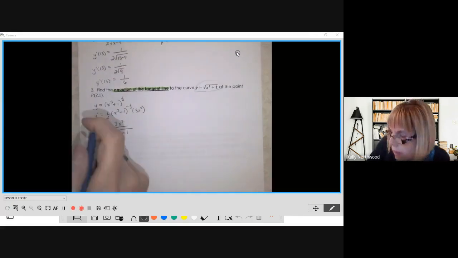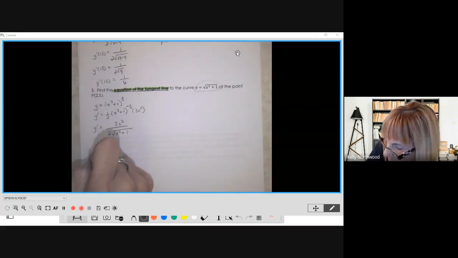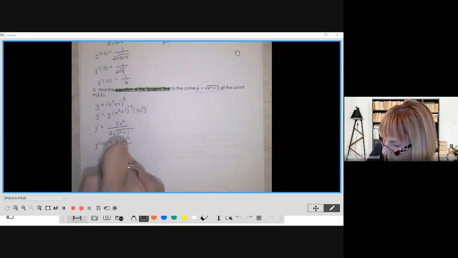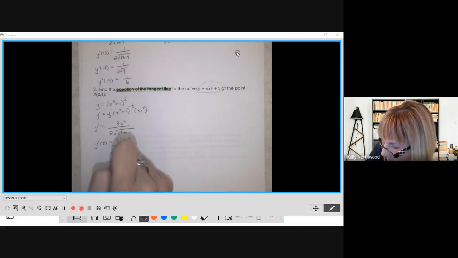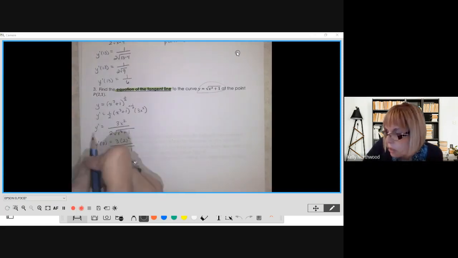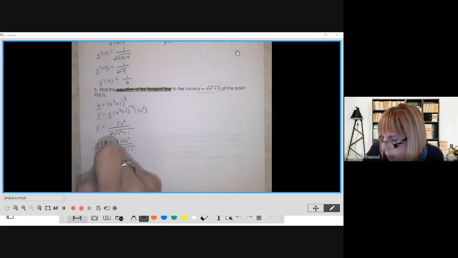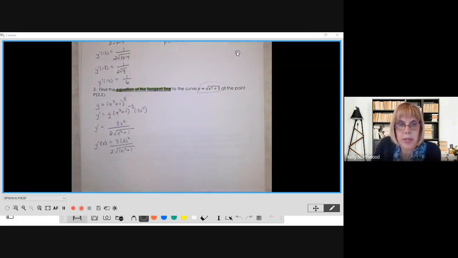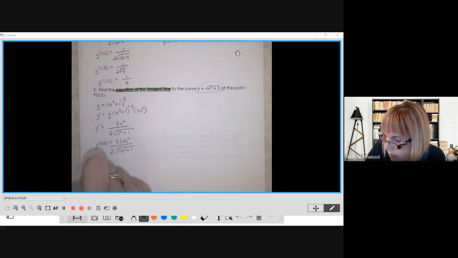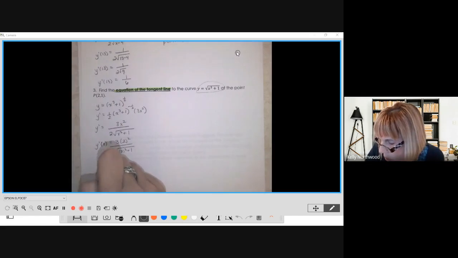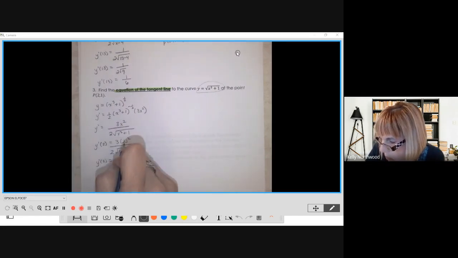And then I need to find y prime at 2. So substitute in 2. Make sure when you find y prime at 2, you actually write y prime at 2. A couple of people yesterday were just writing y prime all the way down even after they'd substituted, or they were writing y prime at 2 before they substituted 2 in. So just be careful of that communication-wise.